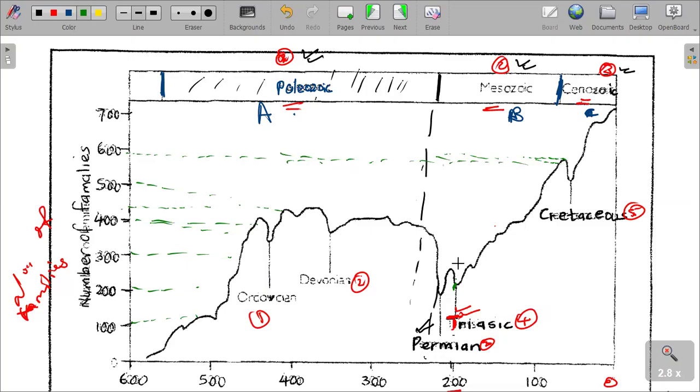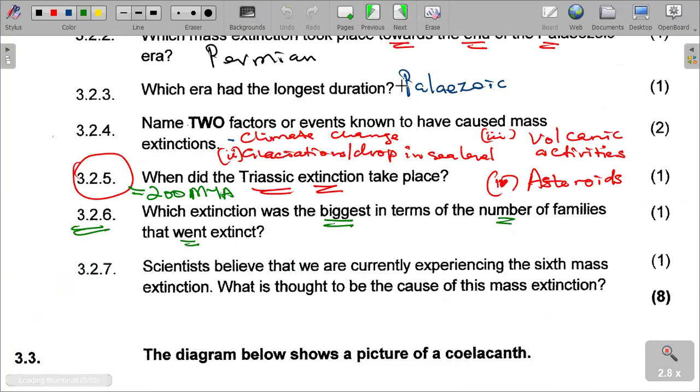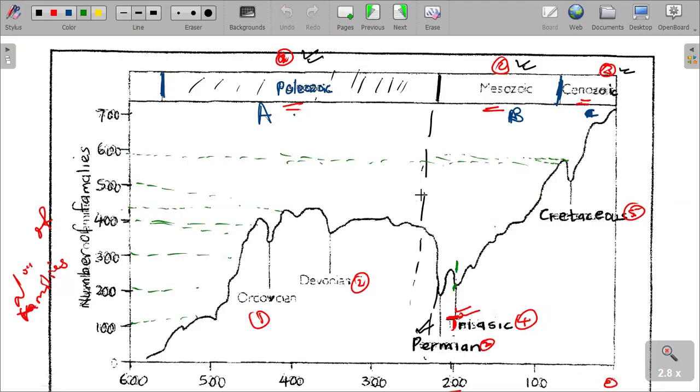It is starting from here up to there. It's the Triassic era.